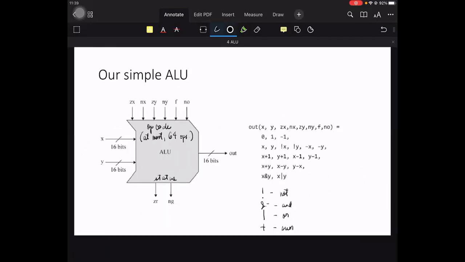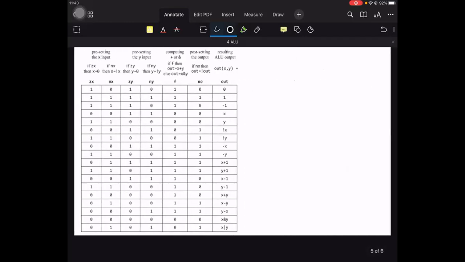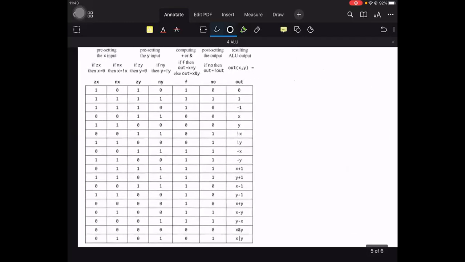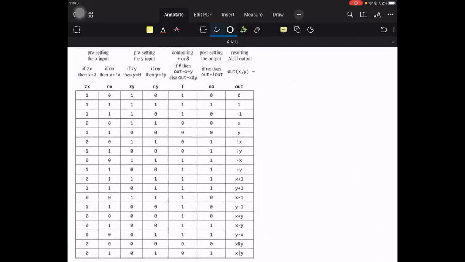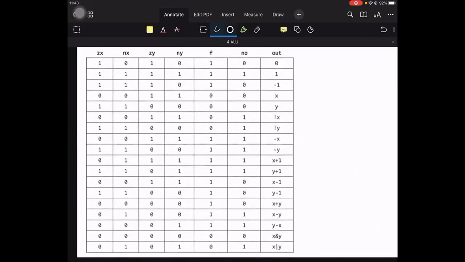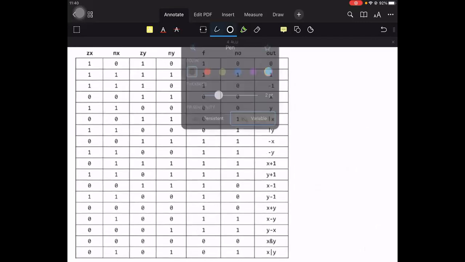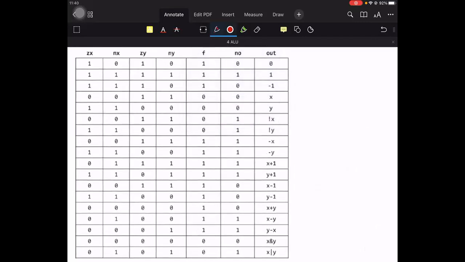Okay, let's specify this further. This is not necessarily a truth table. This is just a specification table, perhaps. There are 18 of them. So look at the table closely. We can divide it into 2.